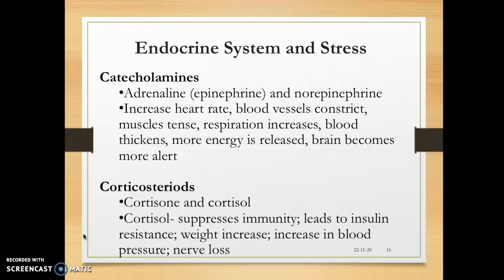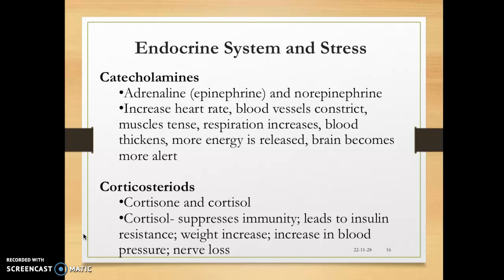When we look at the catecholamines, again, adrenaline results in increased heart rate, all right? Blood vessels constrict, muscles become tense, etc. High catecholamine levels are related to various diseases and illnesses.